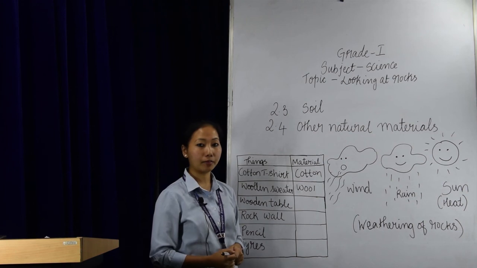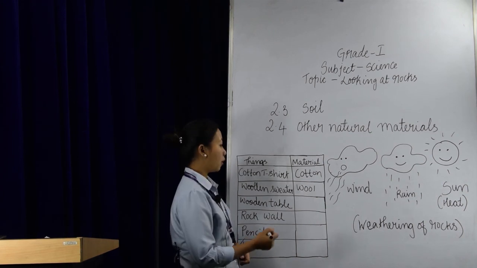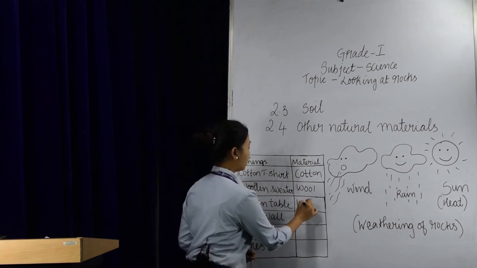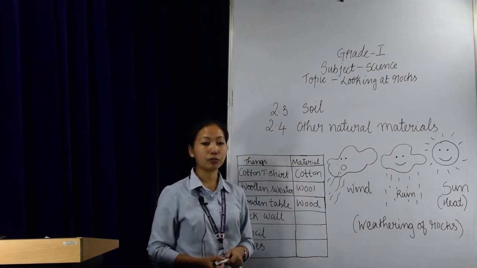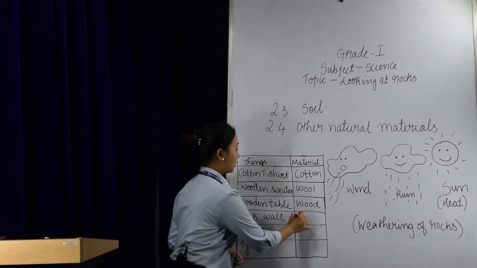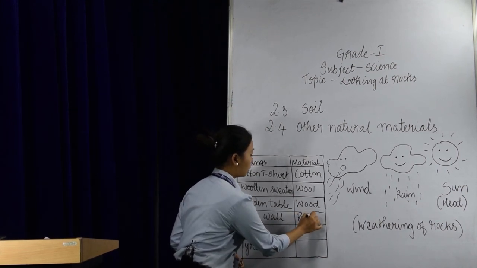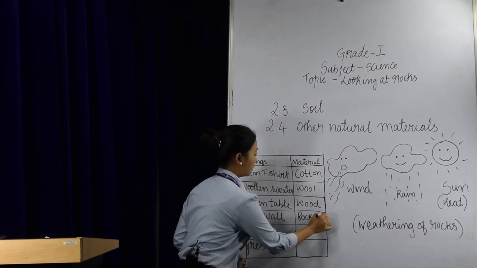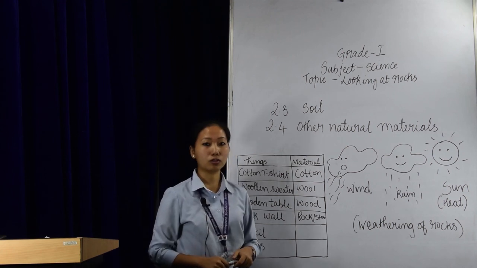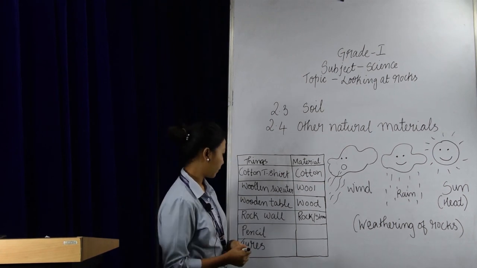Wooden table, we get it from wood, and wood we get from plants, which is a natural material. Rock wall, rock or stone. Rock and stone also come from nature.